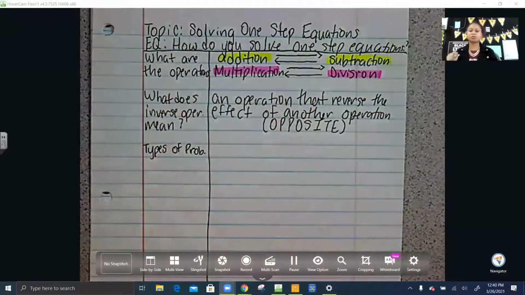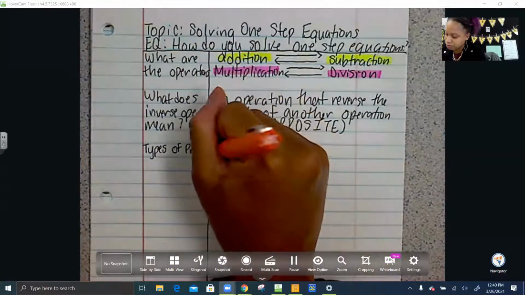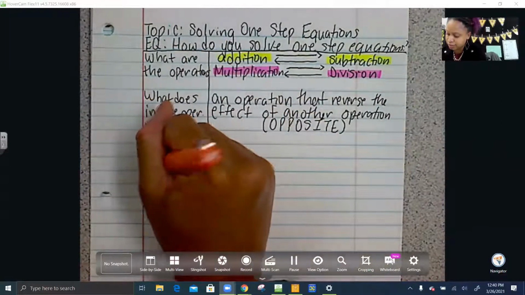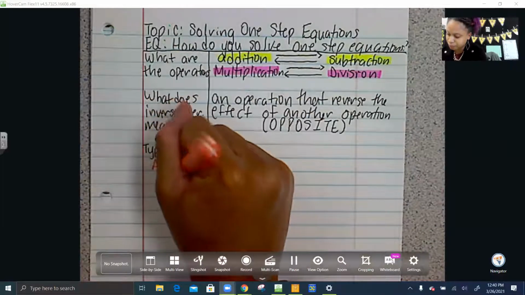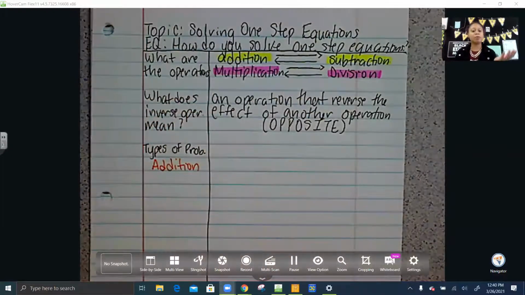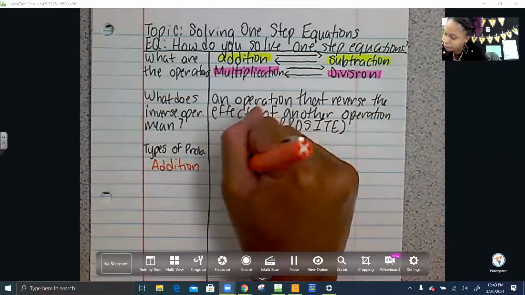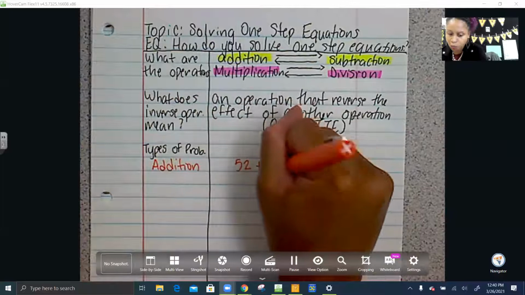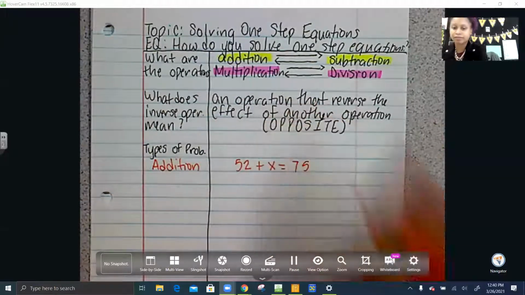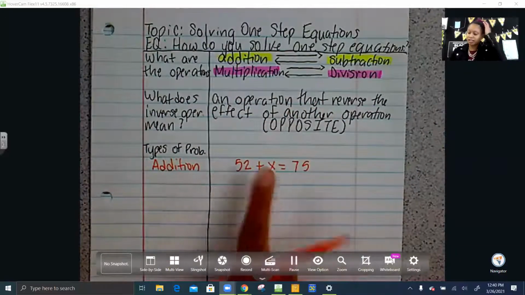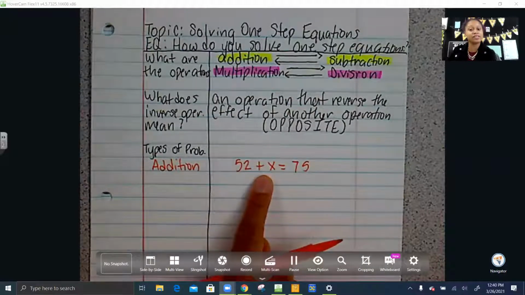The very first one being addition. Sometimes you'll see a problem written like this: 52 plus x equals 75. So this is an addition problem because you see the addition right in the center there. So that means it's adding.